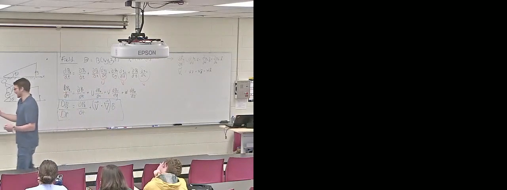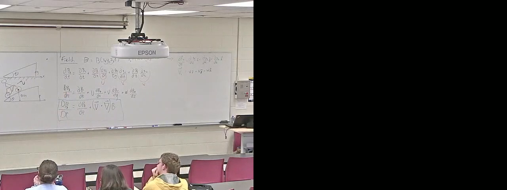So its field representation is simply equal to y. Yeah? So we have h of x, y, z, t is equal to y.